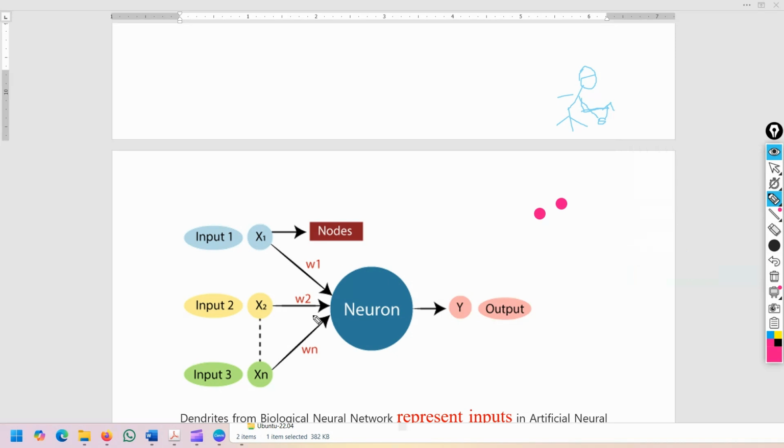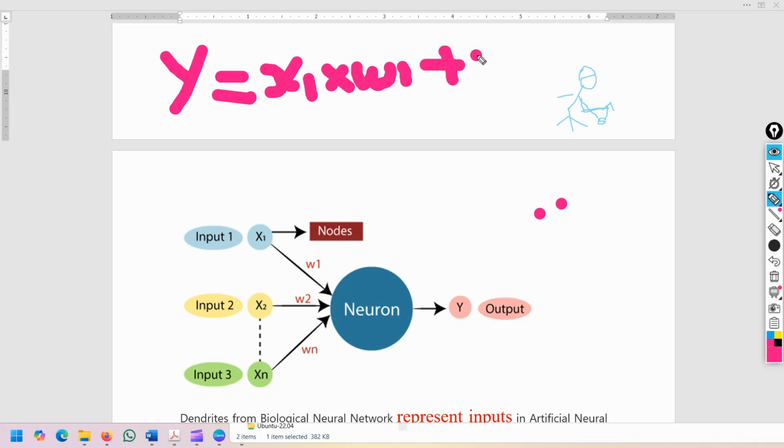For example, when I want to calculate the output y, y equals x1 multiplied by w1, plus x2 multiplied by w2.